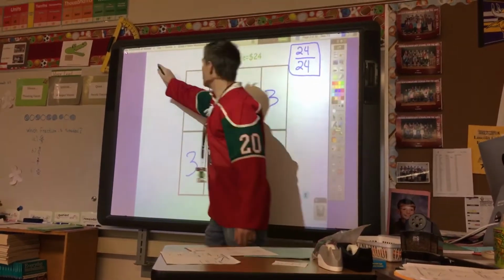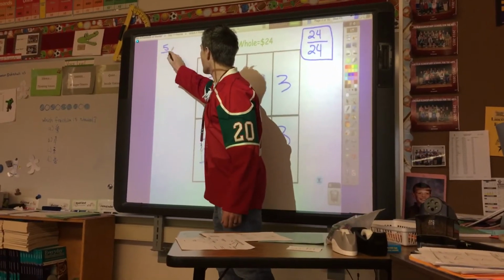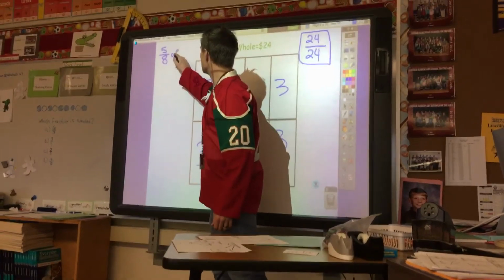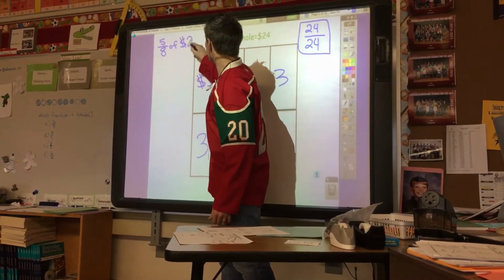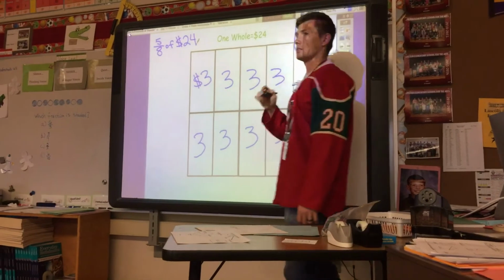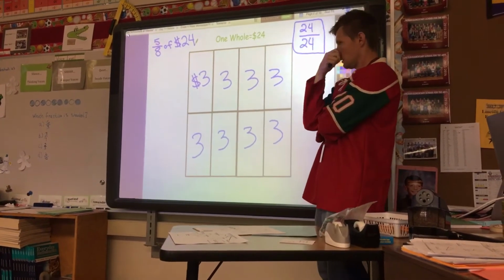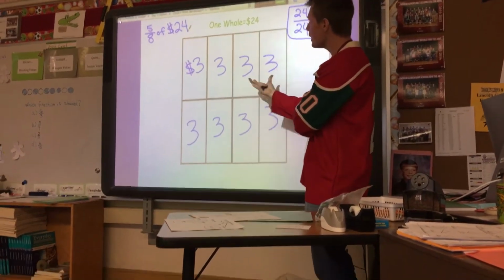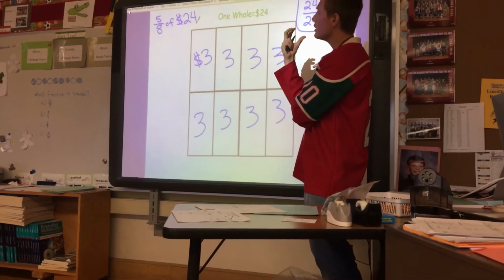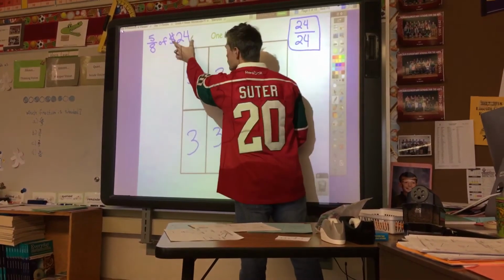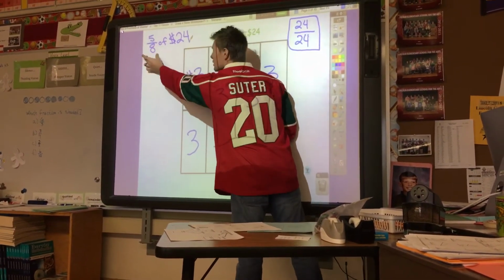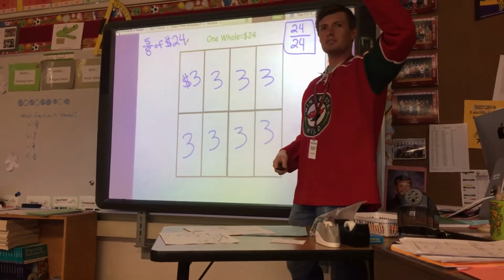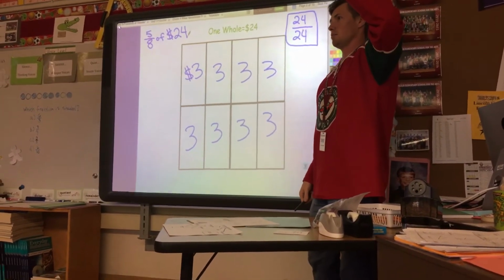But over here, what is 5/8 of $24? Now, do I have $24 still? No, I have a part of it. You're thinking, what do we get? My man Brody.